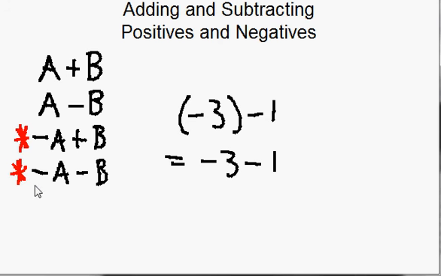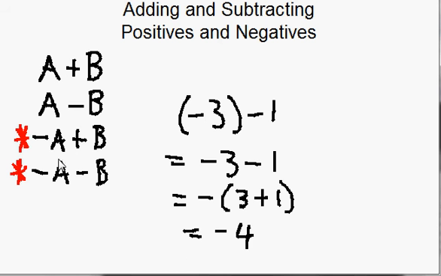So what you do in this case, if you have two negatives, is you just add them together and make the whole thing negative. So you could write that as negative of 3 plus 1, kind of factor out the negative. So you add them together, and that's 4, and make it negative, so it's negative 4. So that's what you do in this case, negative A minus B. You add the A and the B, and then you make the whole thing negative.